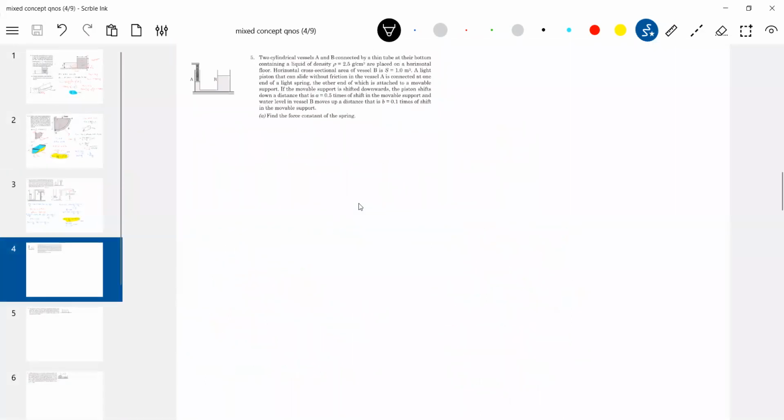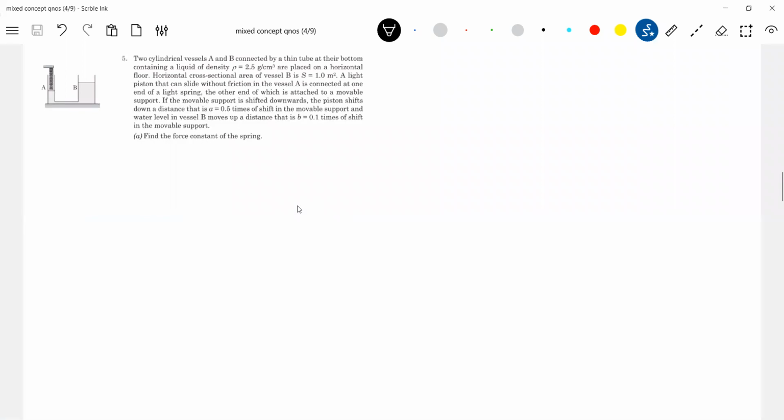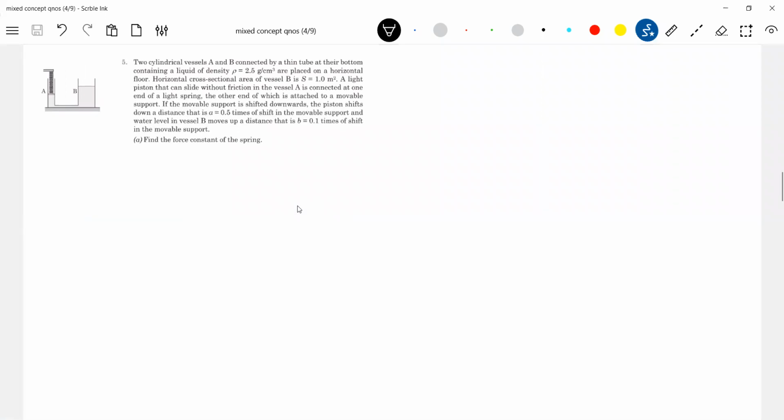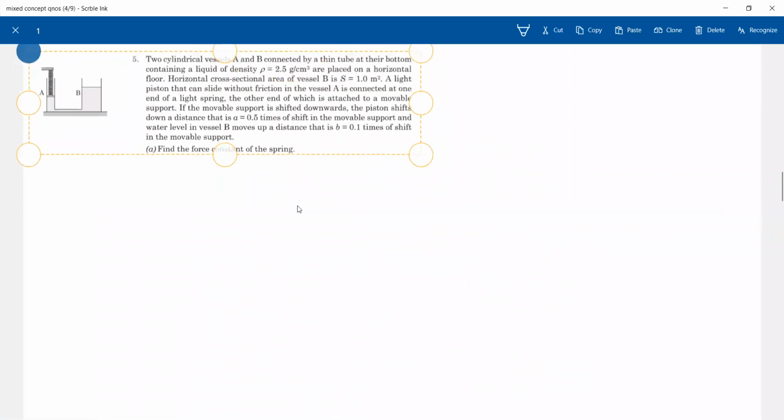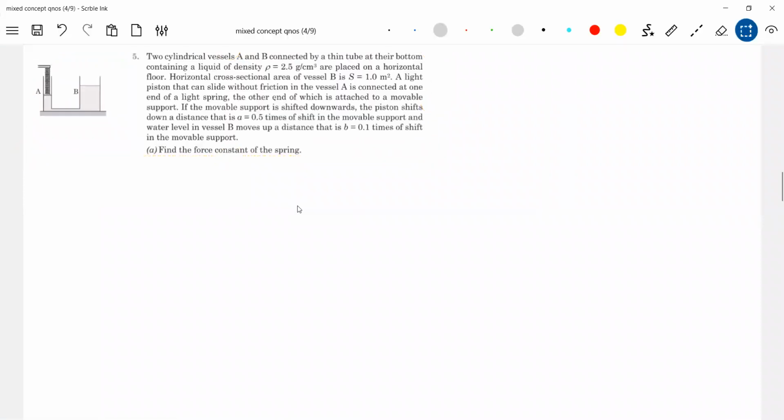Let me take the next one here. Read this one. The mobile support is there.